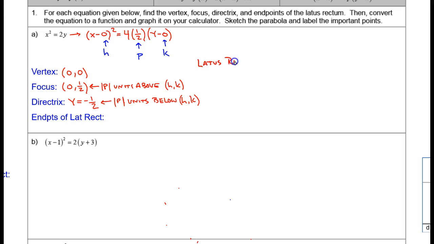The latus rectum is the absolute value of 4p units long, and it's going to have a midpoint at the vertex, which is 0, 0.